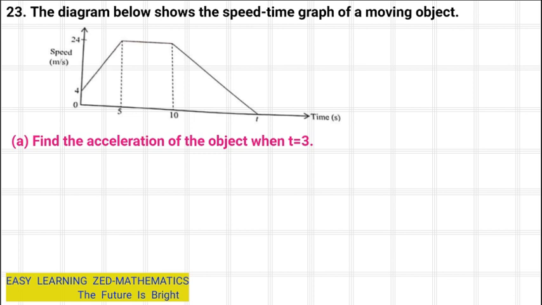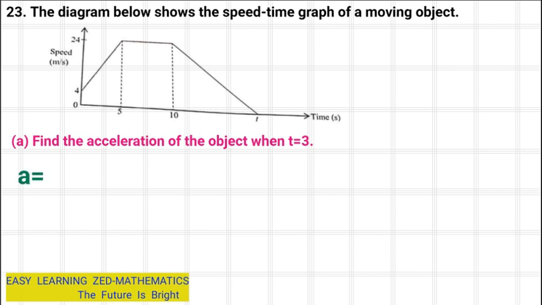Okay, once you've done that, let's come to question 23a. Question 23a, they're asking us to find the acceleration of the object when time is equal to 3. Okay, so first of all, let me give you the formula to find acceleration.